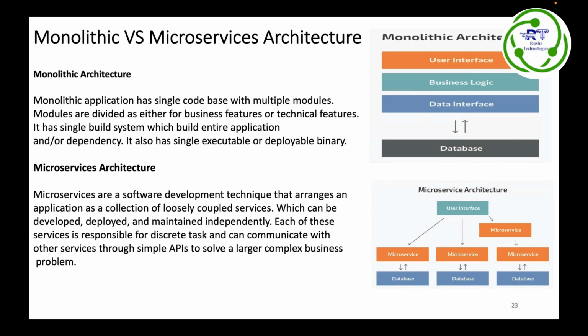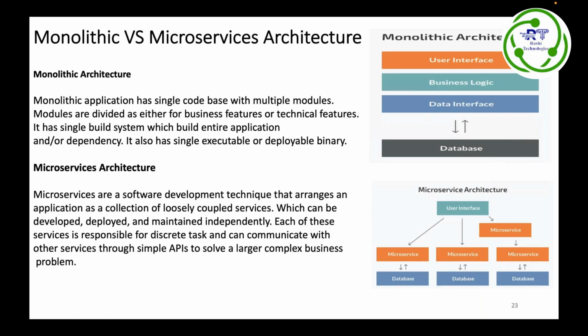So a microservices architecture is a software developmental architecture where we can develop an application as a collection of loosely coupled services. Each microservice can be developed, deployed, and maintained independently from others, and each is responsible for a specific task. But each service can internally communicate with other services via APIs to solve large problems.